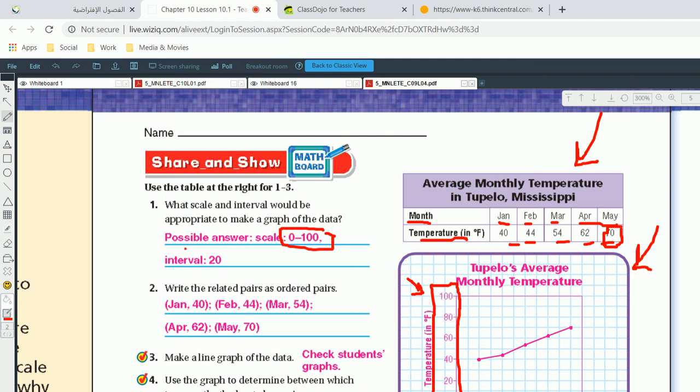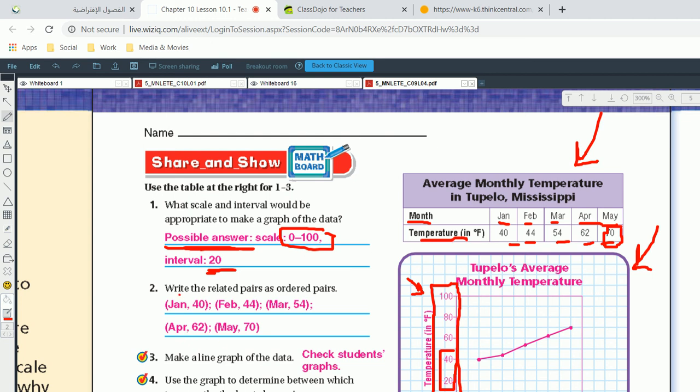So it's a possible answer, not the only answer. Okay, so the interval is 20. What's the meaning of interval? The difference between each two numbers. So the interval here is 20, because every time we are going to add 20.